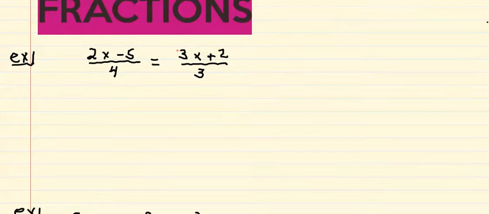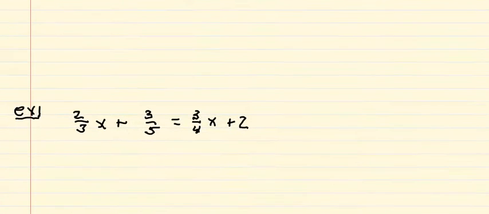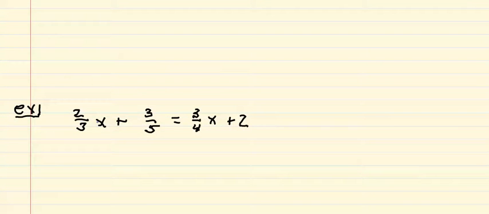This first example, we have 2x minus 5 over 4. We have a fraction that has an expression in the numerator, 2x minus 5, instead of just a number. The second example, in somewhat sloppy writing, has several fractions, three fractions to be exact, but there's no distribution involved.